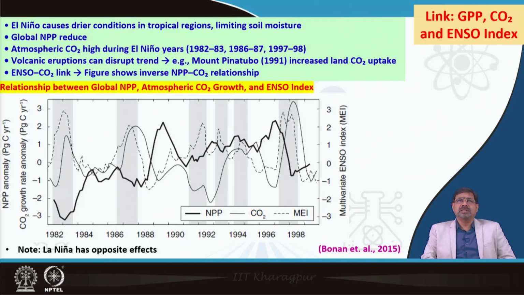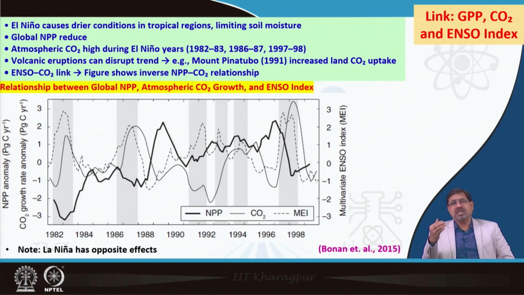And the fourth point, volcanic eruptions can disrupt the trend. Volcanic eruptions lead to a lot of gaseous emissions, including carbon dioxide. So if a lot of volcanic eruptions are there, then the carbon dioxide concentration in the atmosphere will again increase. So, regarding the ENSO carbon dioxide link, the figure shows a kind of inverse relationship between NPP and carbon dioxide at places.